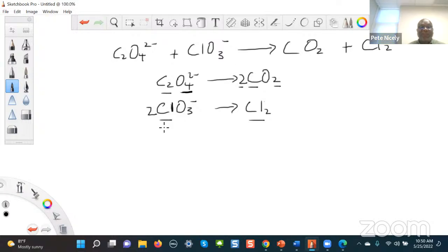Now, in the second half equation, how many oxygens do we have total on the left? 6. Okay, very good. And how many do we have on the right? 0. Okay, so how do we balance the oxygens? We add 6 to the left. Nope. 6 to the right. Exactly. All right.